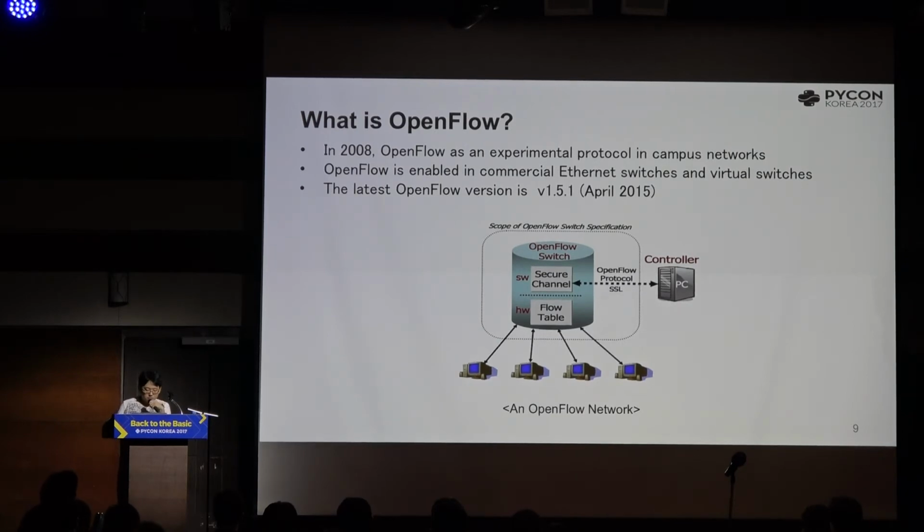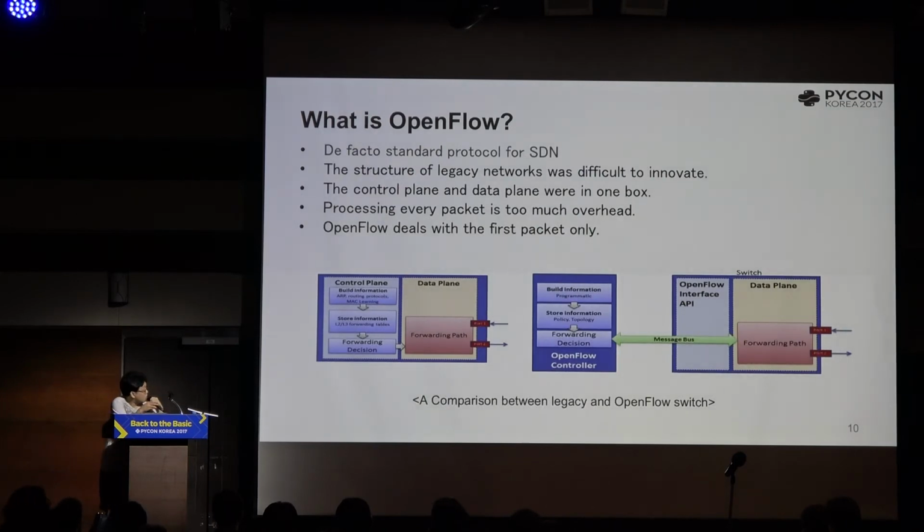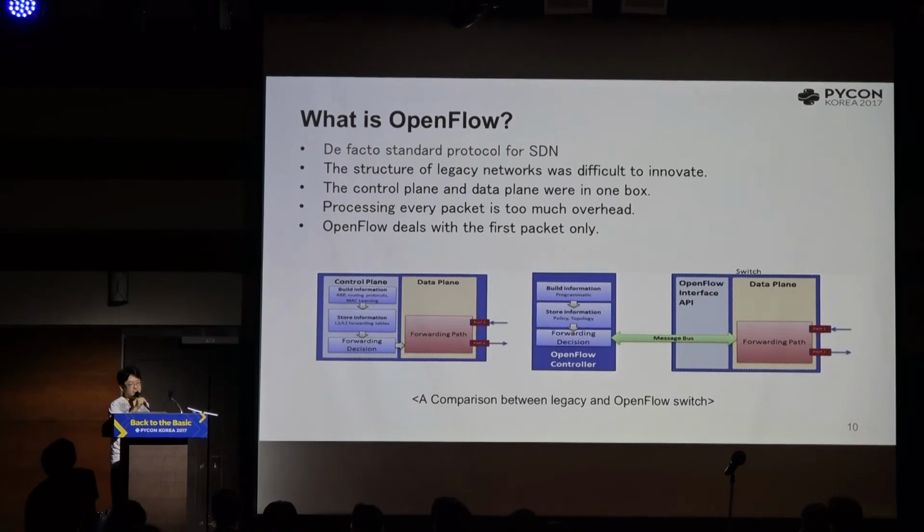The latest version of OpenFlow is version 1.5.1, released in April 2015. OpenFlow was considered the de facto standard for SDN, but now for SDN, not only OpenFlow but many other protocols are used simultaneously, and I'm going to talk about that in later slides.